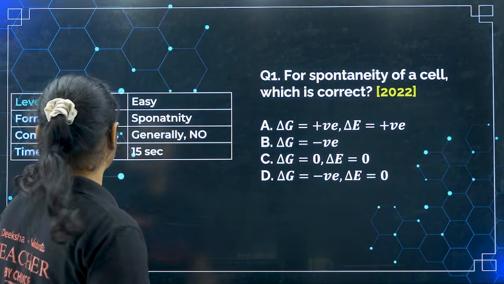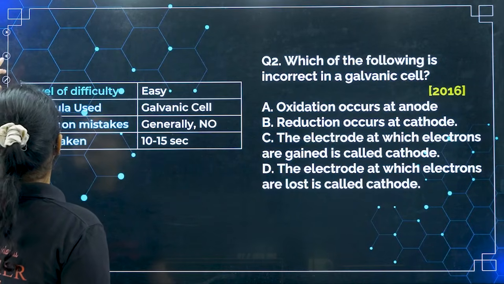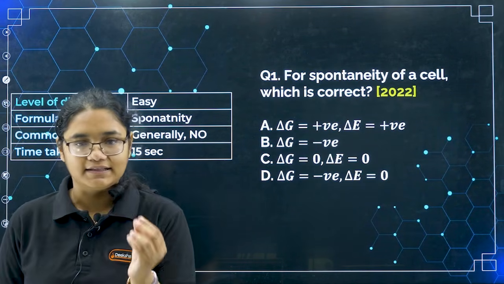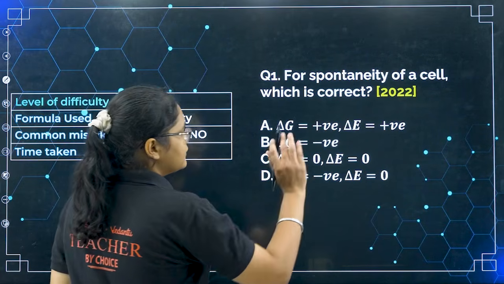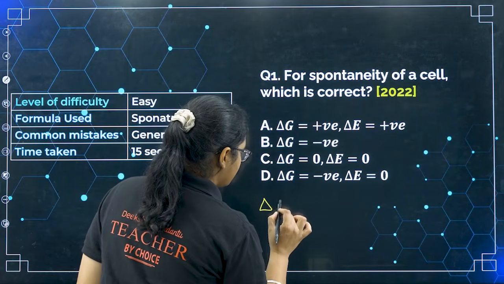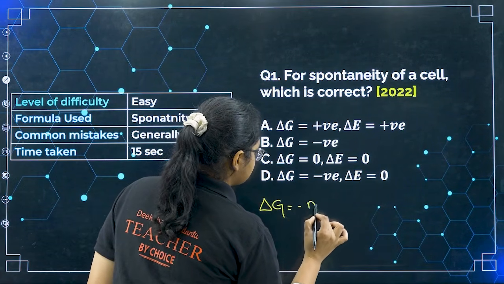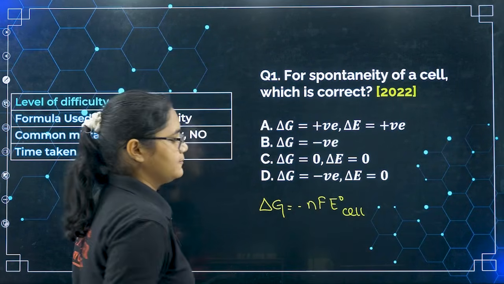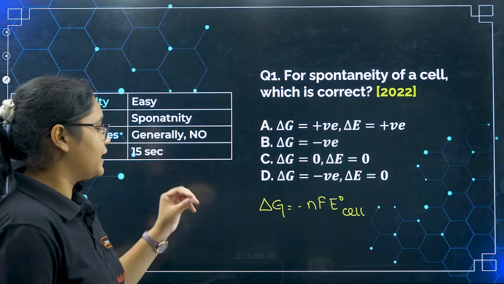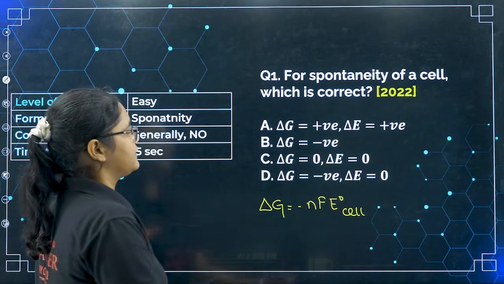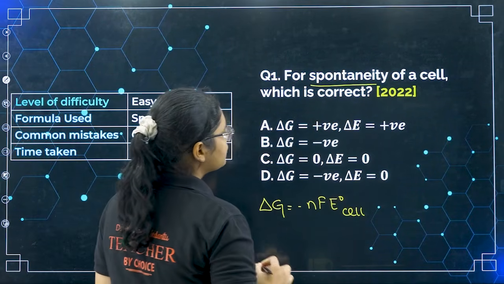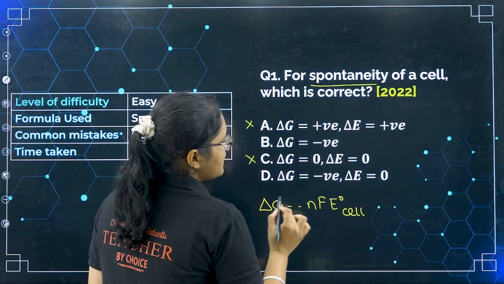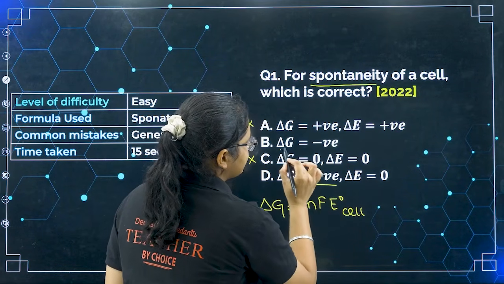I'll be doing the solution now quickly. If you know the formula of delta G, that is equal to minus nFE naught of the cell, and we know that for any spontaneous reaction, delta G should be negative. So this cannot be there, this cannot be there; this is there and this is there.